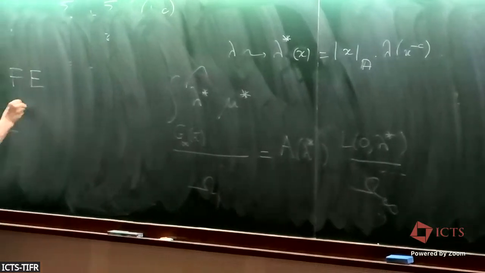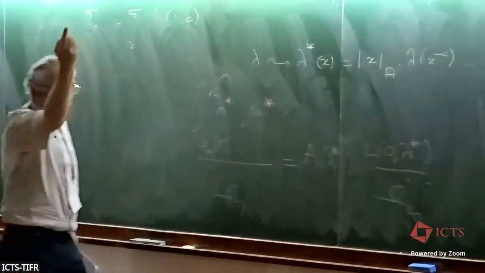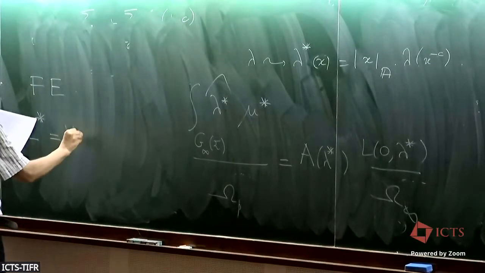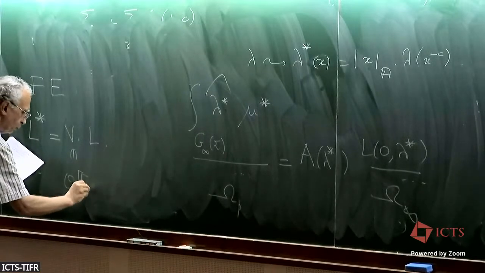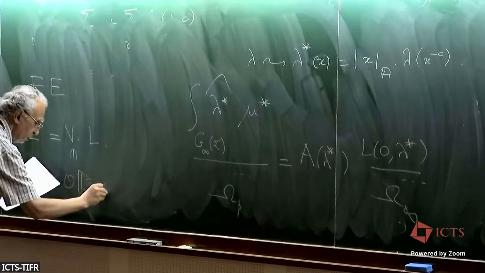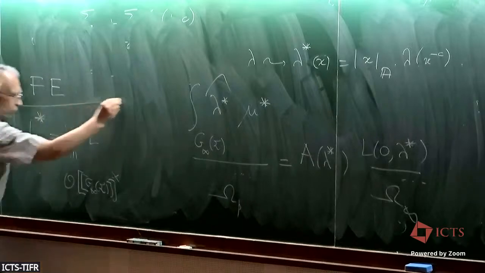So I write it as L star, which is this thing viewed as a series. L star is equal to V times L, where V is a unit inside O double bracket G infinity C. So that's the functional equation.